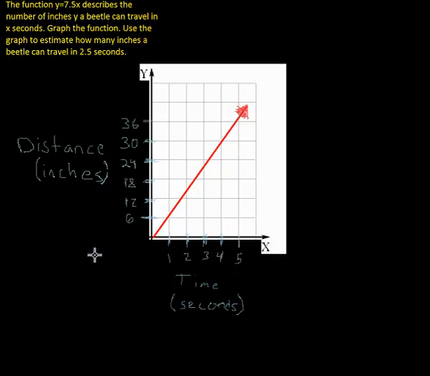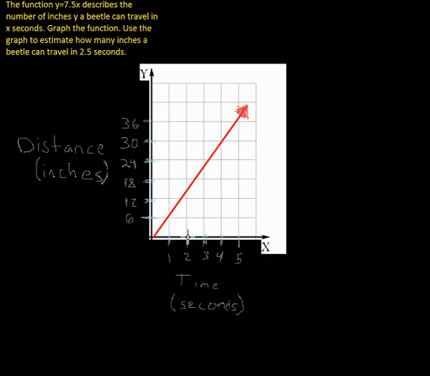Let's go ahead and analyze the graph and what the distance would be if the beetle traveled 2 seconds. So if I come over here, I'm at 2 seconds. I may have just said 2 inches a second ago, but basically, restating the question, what distance will the beetle travel after 2 seconds? Rather than 2 inches, 2 seconds.